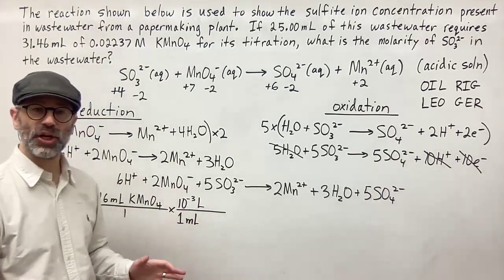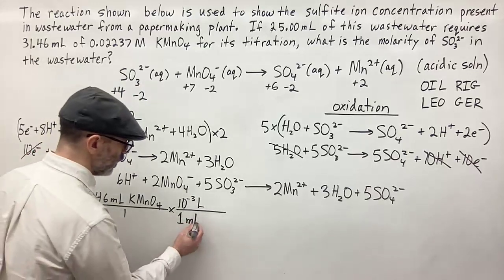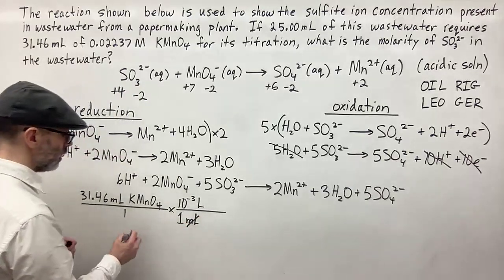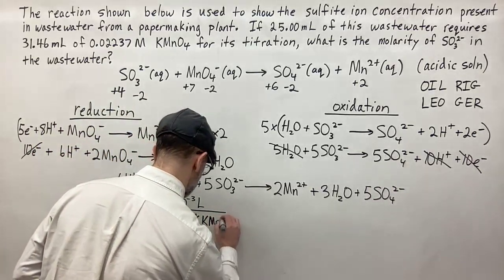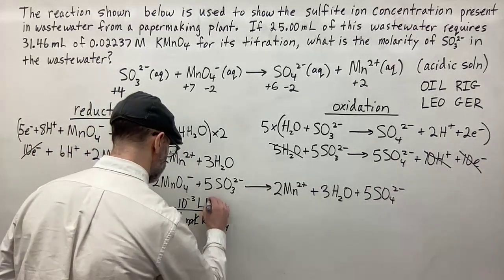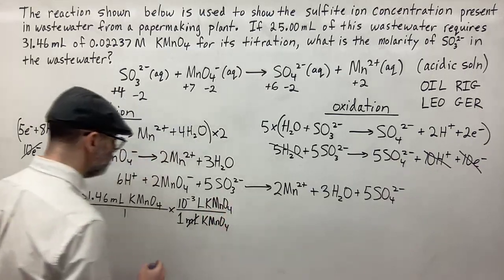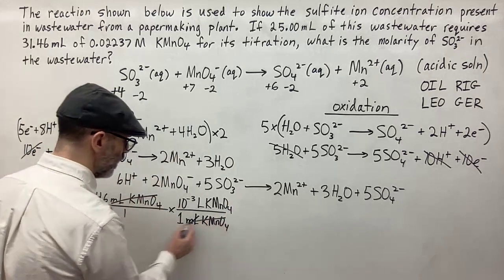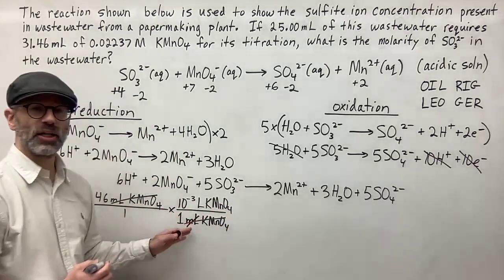It's the same ratio. So if you want to use that, you can go ahead. I'm going to use milliliters, 1 milliliter on the bottom. So this is going to be KMnO4. Don't forget the substance so we know what we have. So milliliters of KMnO4 on the top and bottom cancel out. Now I have liters of KMnO4.